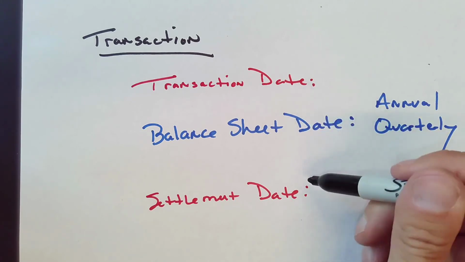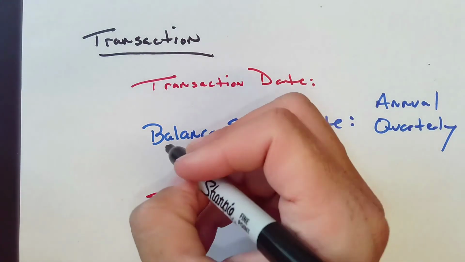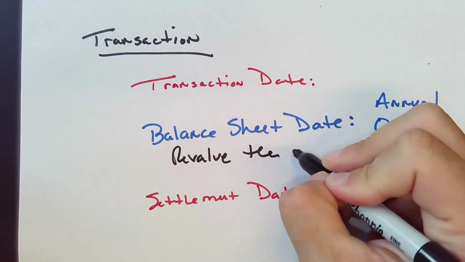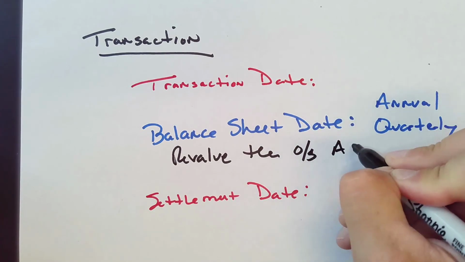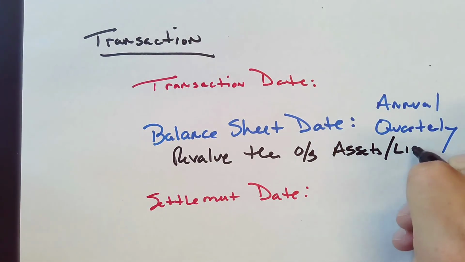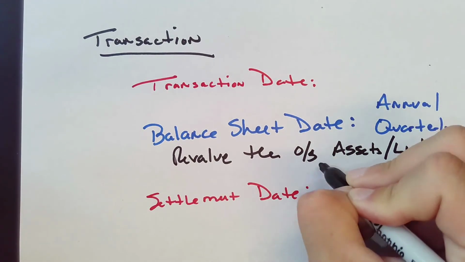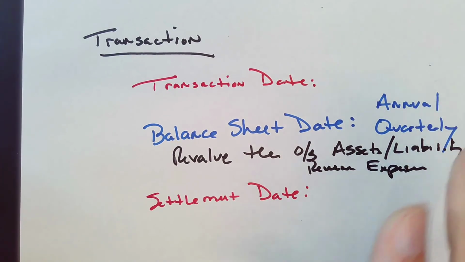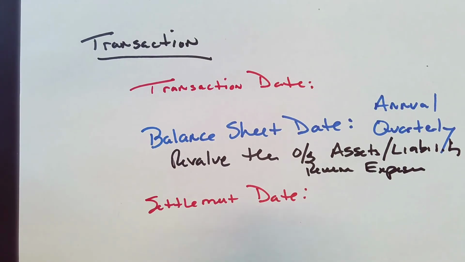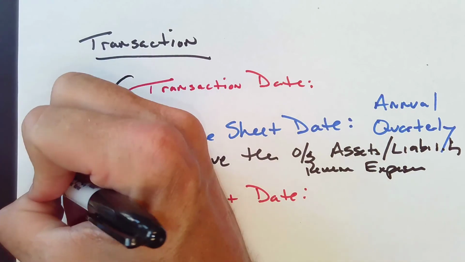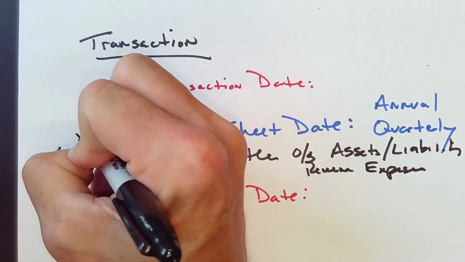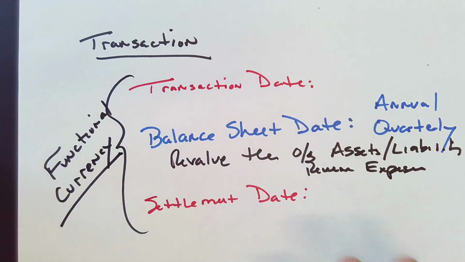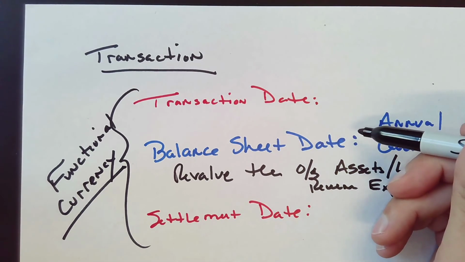But between these two dates, we've got a balance sheet date, and we may have to revalue the outstanding assets, liabilities, revenues, expenses, gains, losses, etc. So everything here has to be recorded in the functional currency at the transaction date, at the balance sheet date, and at the settlement date.